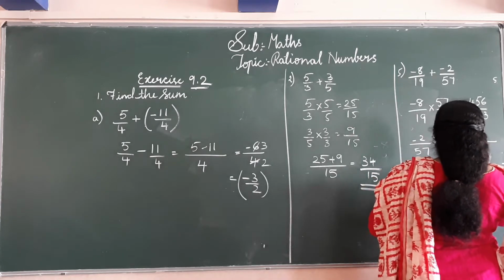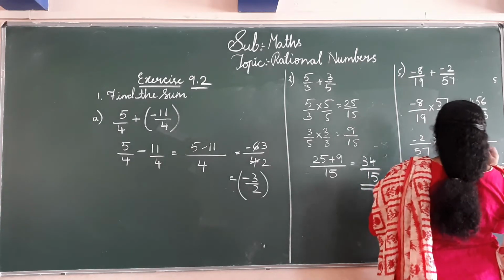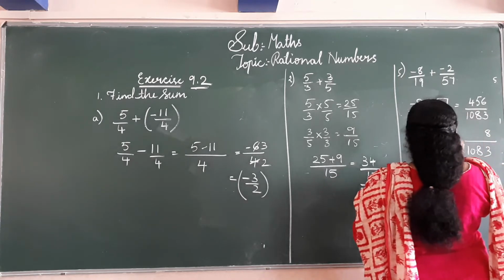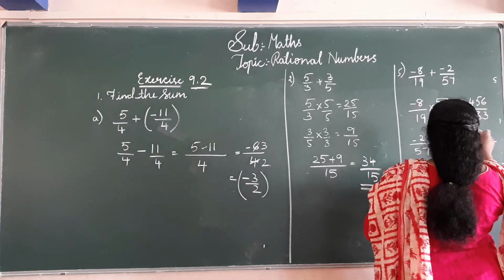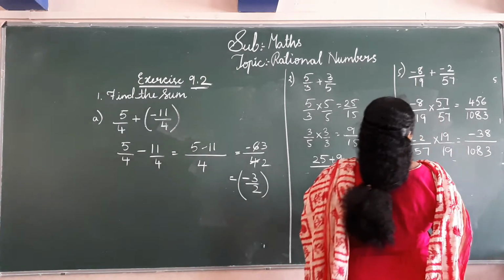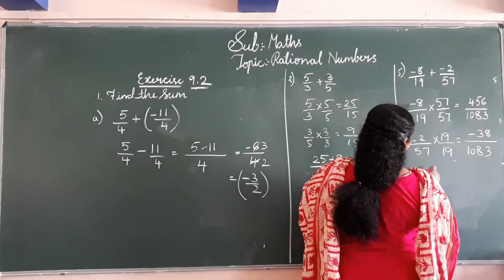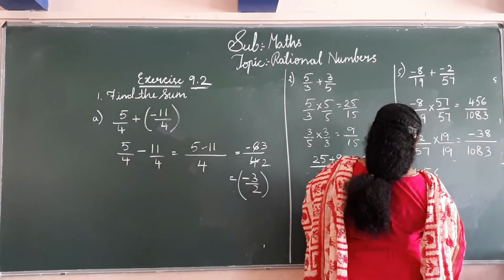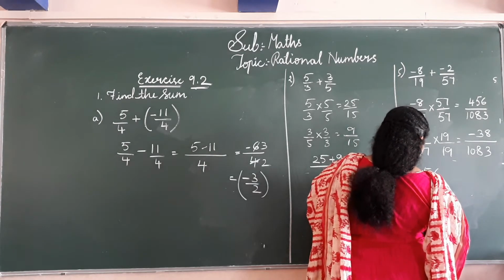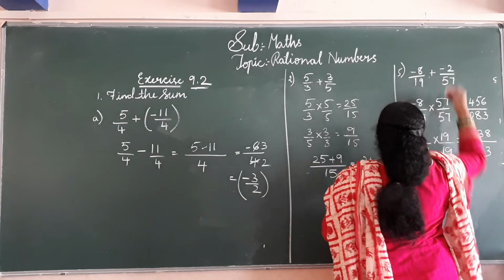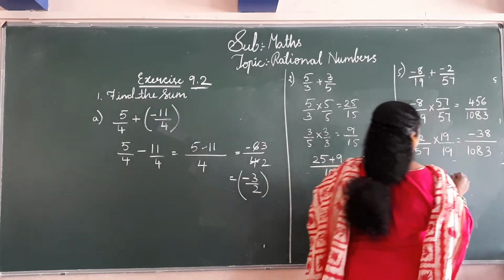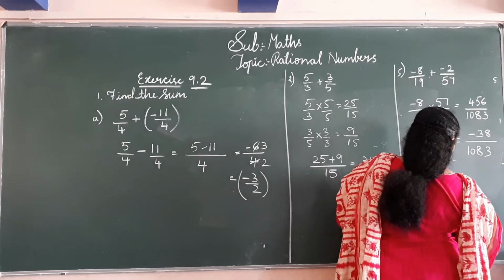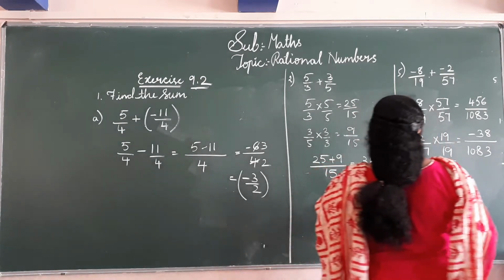So the denominator, as I already know, is 1083. 2 nines are 18, 2 ones are 2, so minus 38 by 1083. So minus 456 by 1083 plus minus 38 by 1083.